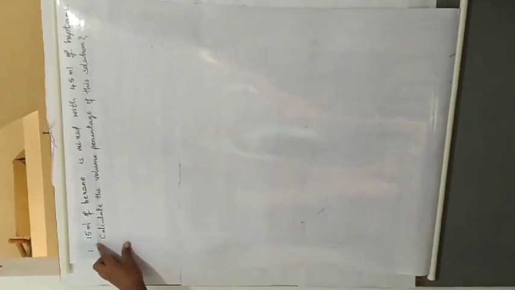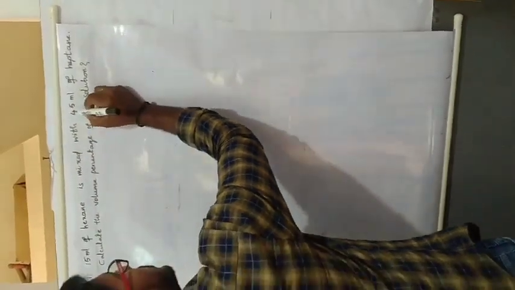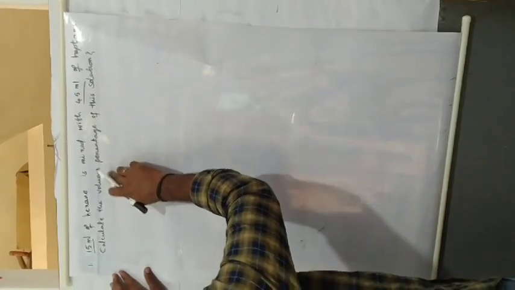Next, a problem based on volume percentage. Let us read the problem. 15 ml of hexane is mixed with 45 ml of heptane. Calculate the volume percentage of this solution.